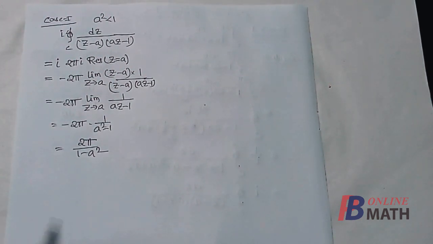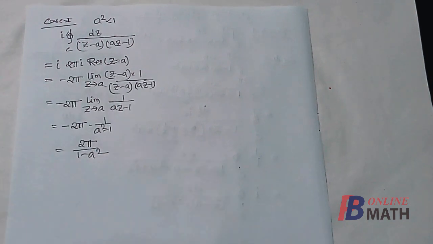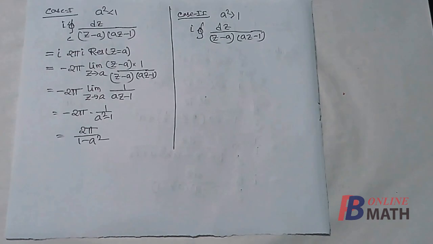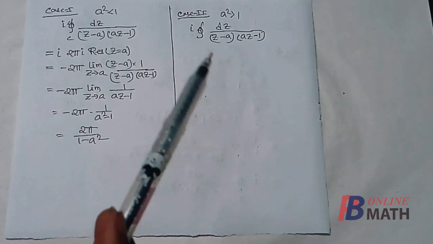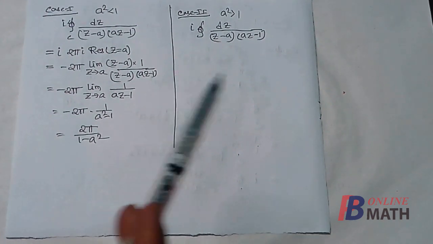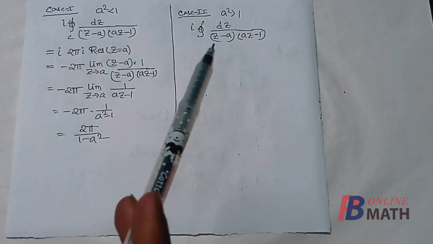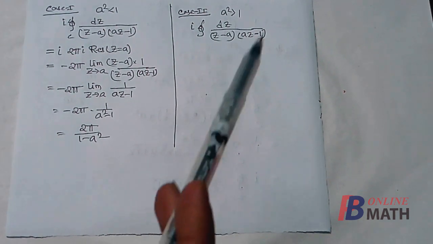Now we shall consider case 2, that is a square greater than 1. This is our integral. There are two poles at z equal to a and z equal to 1 by a.